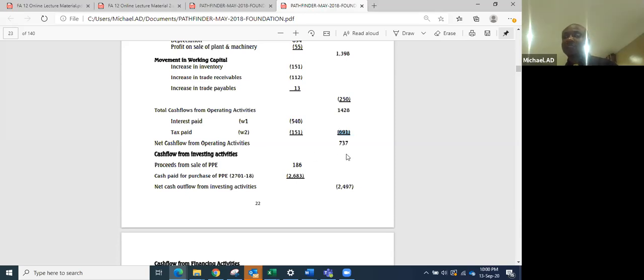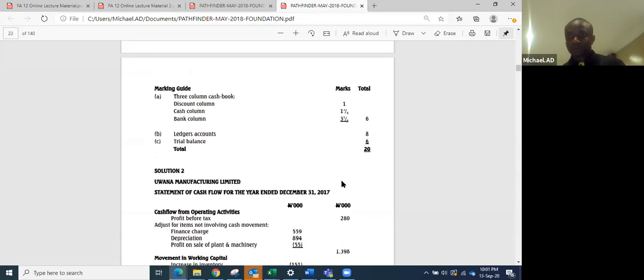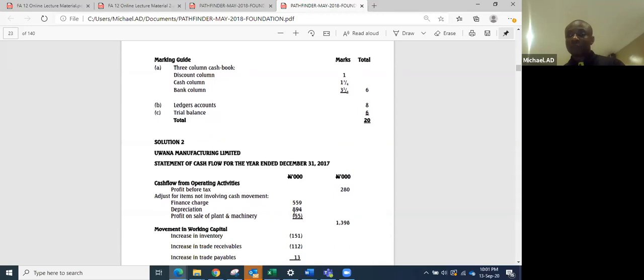So we have our net cash flow from operating activities of 737. Now, proceeds from sales of PPE. Remember that we deducted 55 naira as profit on proceeds from sales of machinery.